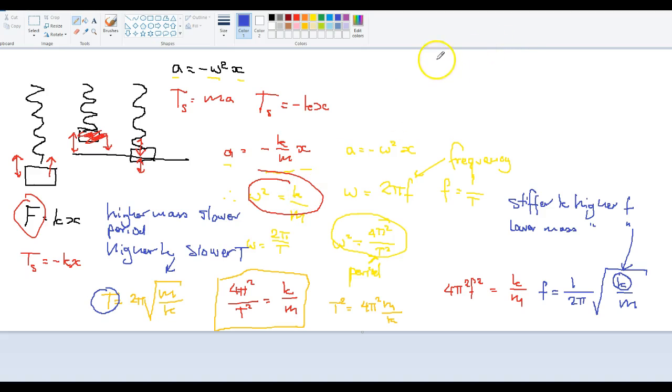Right, one of the practicals that we're going to do, you're going to be asked to plot T squared against either a mass or a spring constant. Now it's more difficult to vary the spring constant, so it's going to be against the mass. And because you do a graph of T squared, on this axis here we have mass in kilograms.